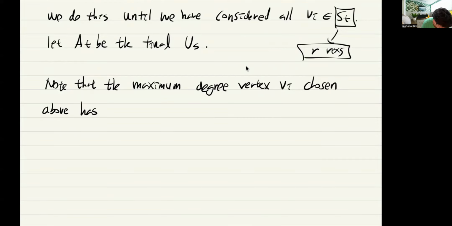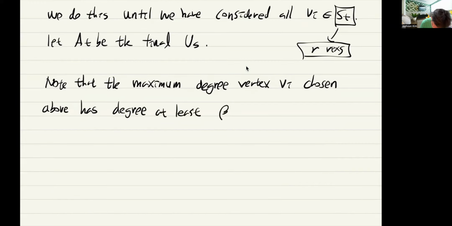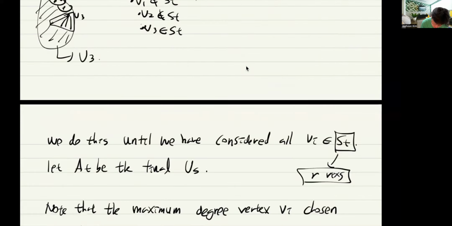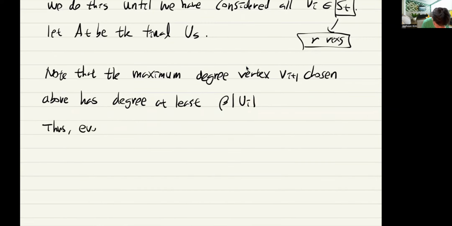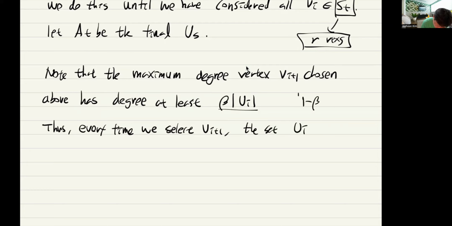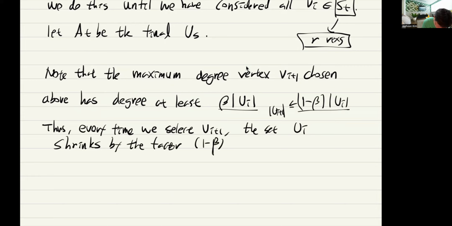b_i has degree at least beta times |U_i|. U_{i+1} is chosen here, because every time we select this b_{i+1} from U_i, once you delete, the remaining thing has size at most, because at U_i they shrink by the factor of 1 minus beta.